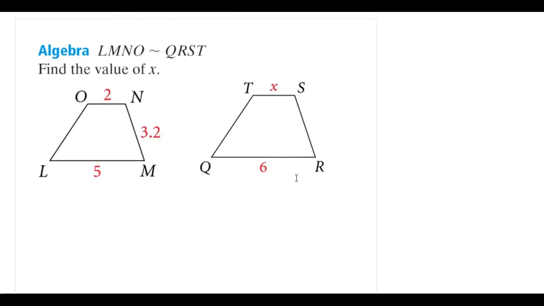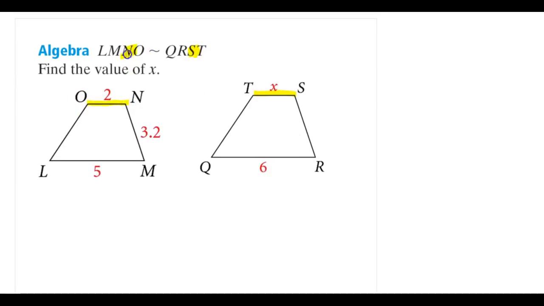So what does this mean? Well, in this next problem, it says find the value of x. And they're telling you that right away, these two polygons are similar. So if I look at this, TS goes with what side in the other one?